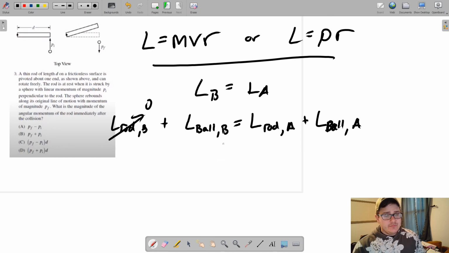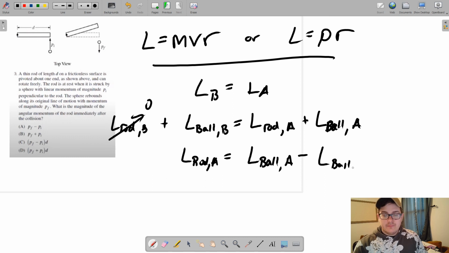Alrighty, so I'm just going to move forward from here. I'm going to solve for the angular momentum of the rod after the collision, which is going to equal the ball before minus the ball afterwards. Now, remember when you do momentum questions, you have to keep in mind your direction.